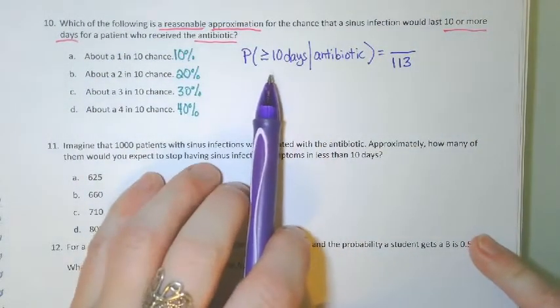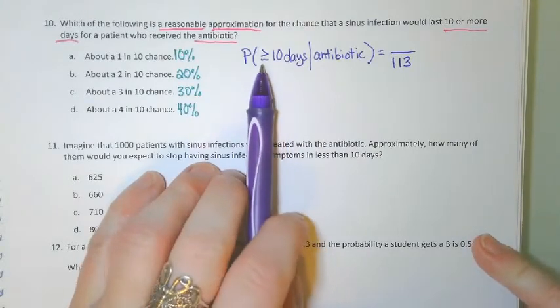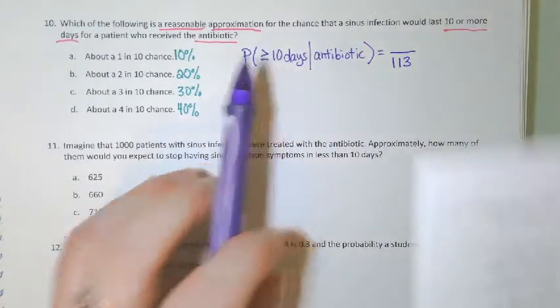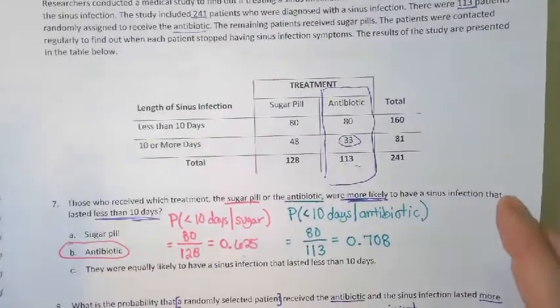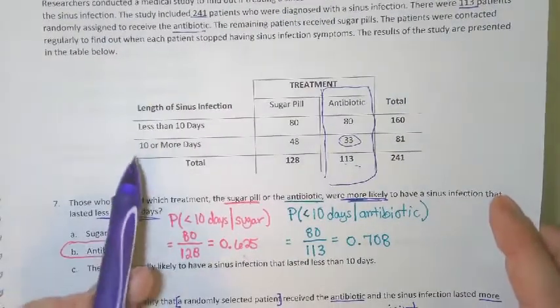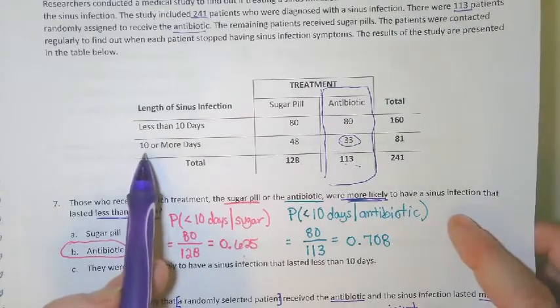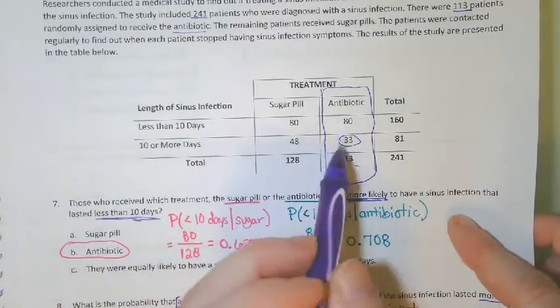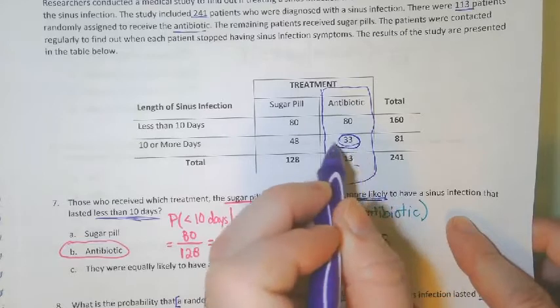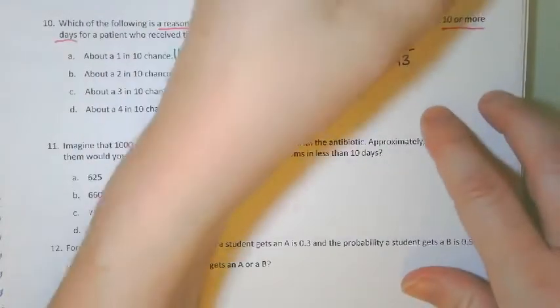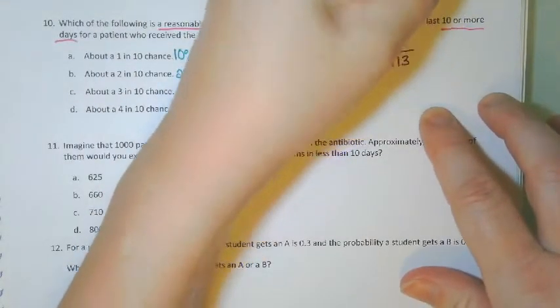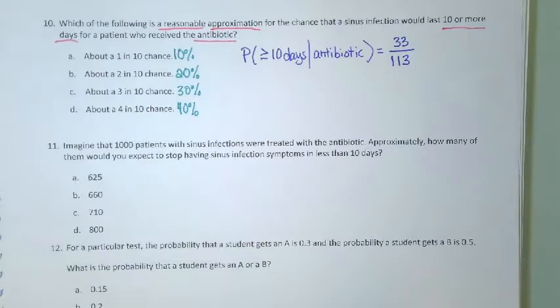And now we're looking for the chance that one of those had an infection lasting 10 or more days. So I'll look back at our table. On the left here, we have 10 or more days. So there were 33 patients who had an infection lasting 10 or more days that were given an antibiotic.